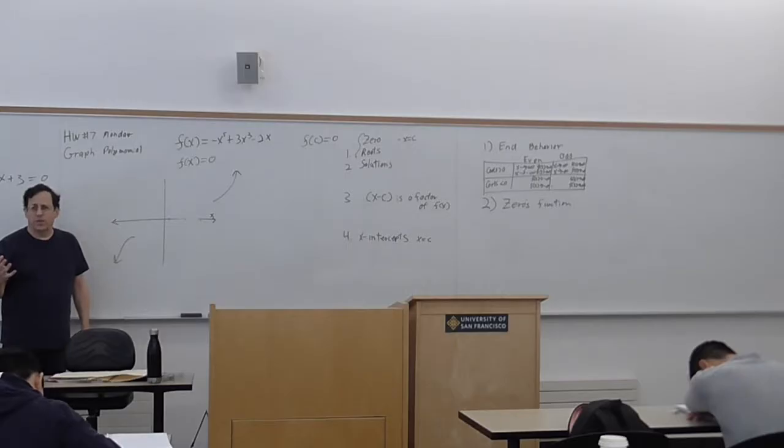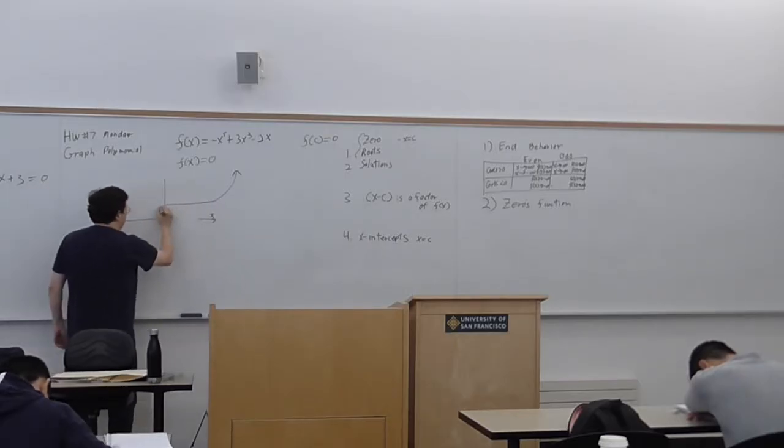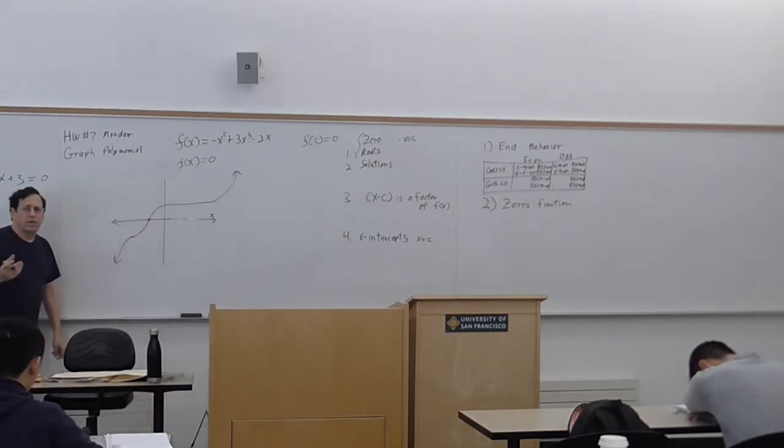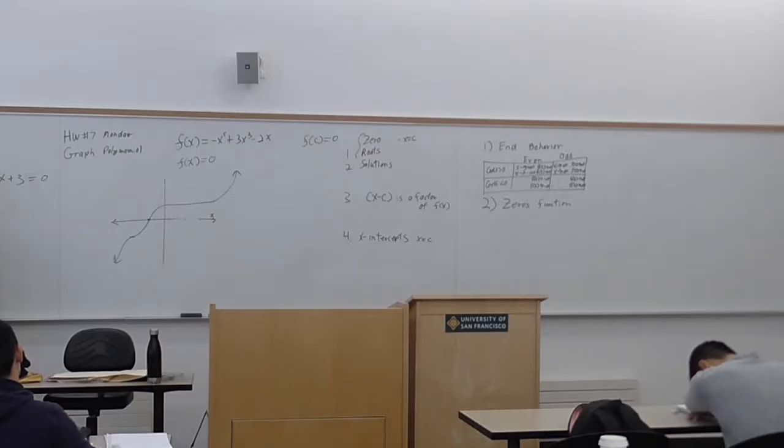What does that tell me about this function? It has to pass through the x-axis. So if you have a polynomial with an odd leading term, you know there's always at least one real root. There may be more, but it's always going to be at least one. So that's a nice thing to know.